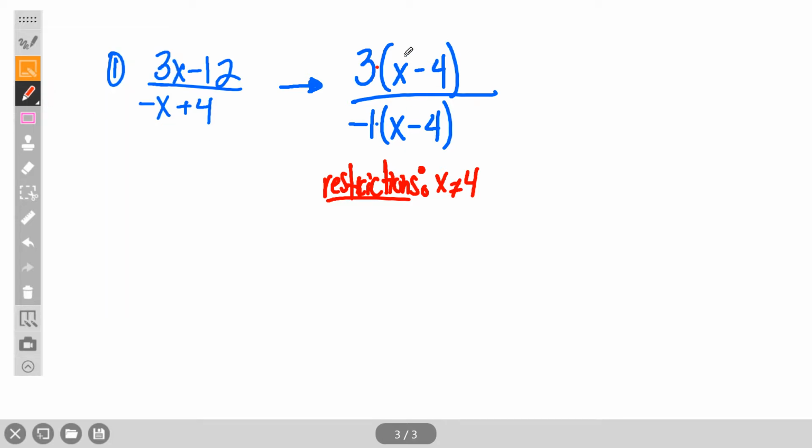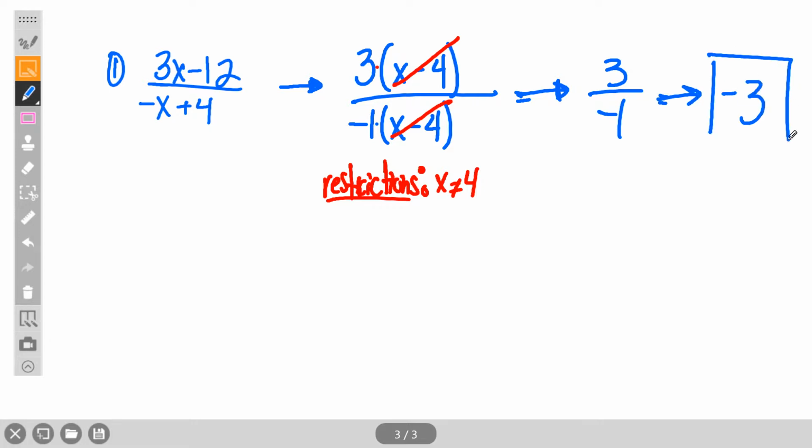Next we cancel factors that occur in the numerator and denominator. The x minus 4 occurs in the numerator and the denominator. So all we have left is 3 in the numerator, negative 1 in the denominator, and 3 divided by negative 1 is negative 3. So this would be the simplified form of this expression.